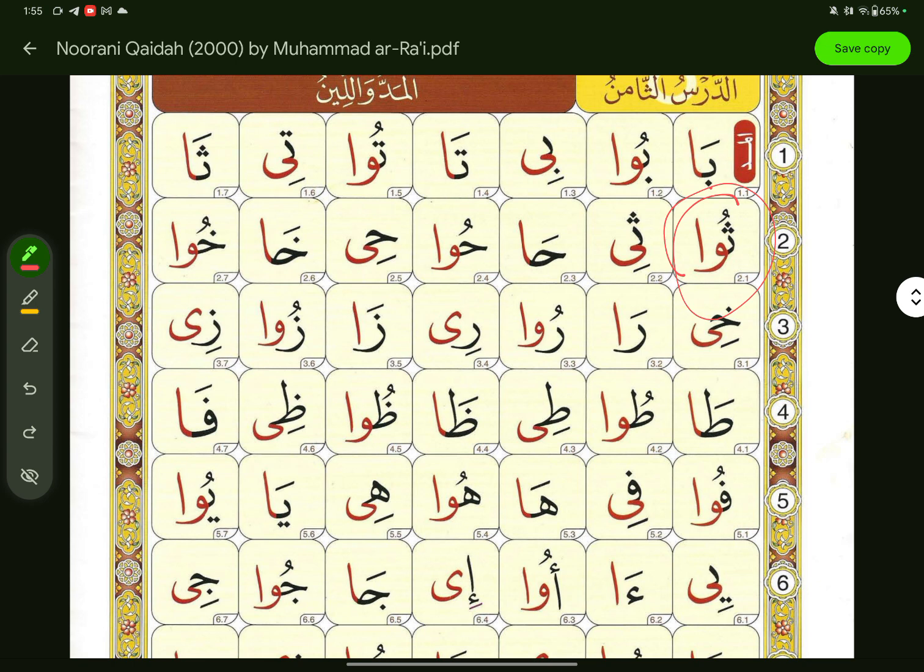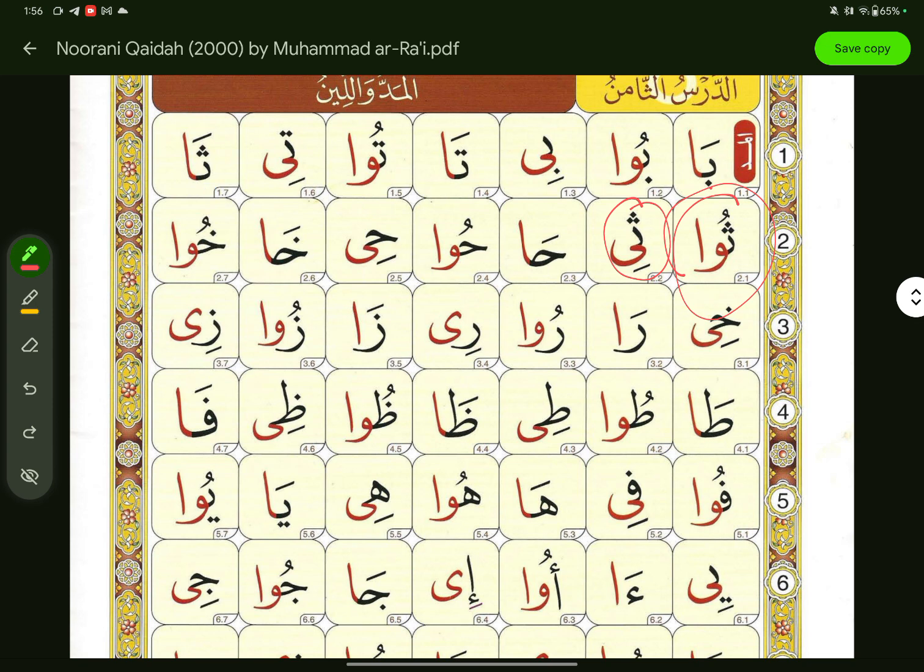So try this one here. Okay. Tu. Thu. Kind of. Tu. Okay. Right. Thu, and try this one here. Is that a wa? It's a ya. All they're doing is just elongating the sound that they would normally make.